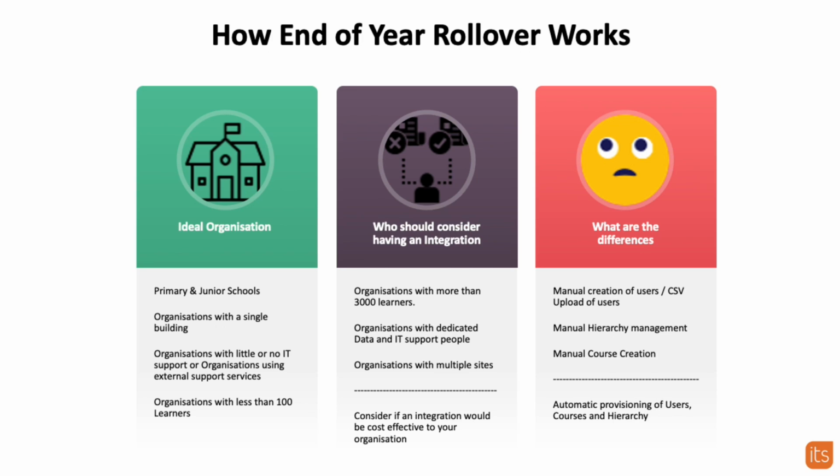So our ideal organisations for a manual approach are basically primary and junior schools. Particularly junior schools that may be of an average size rather than the larger ones. Organisations with a single building or a single site. Organisations with little or no IT support, or indeed using external support.